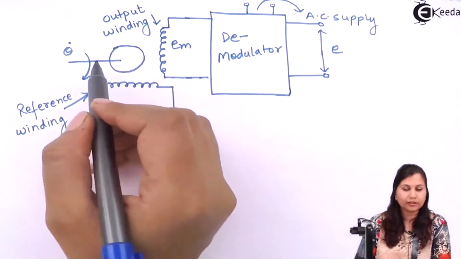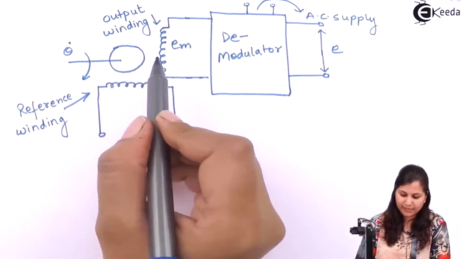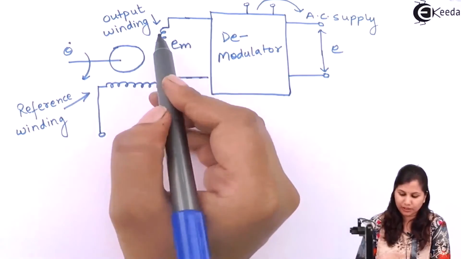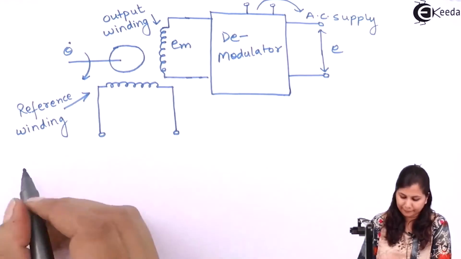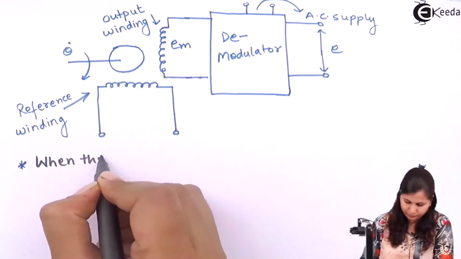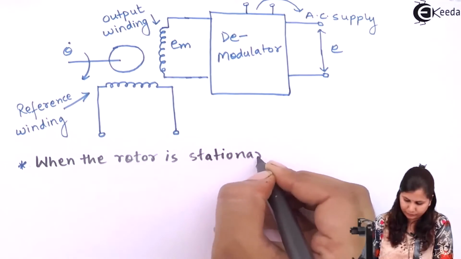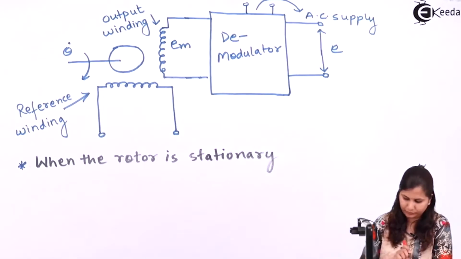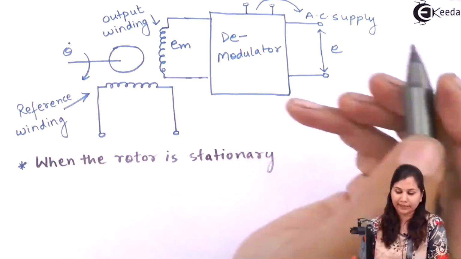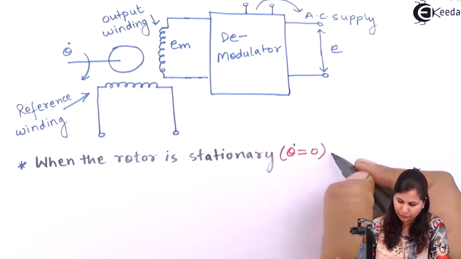So this is the rotor of the tacho generator, and when this rotor is stationary, then no EMF is induced in this output winding. Rotor is stationary means that this angular speed, that is theta dot, is equal to 0.